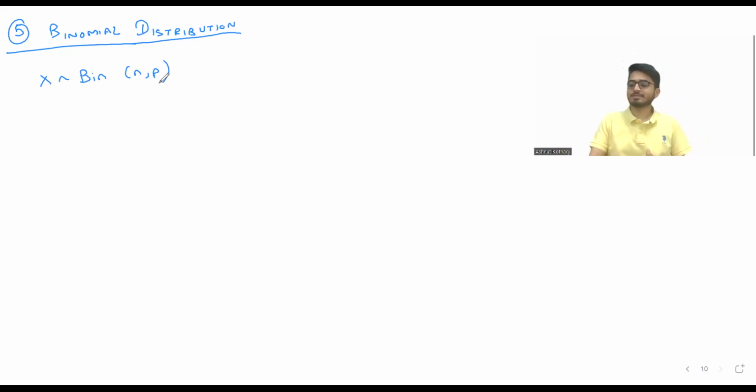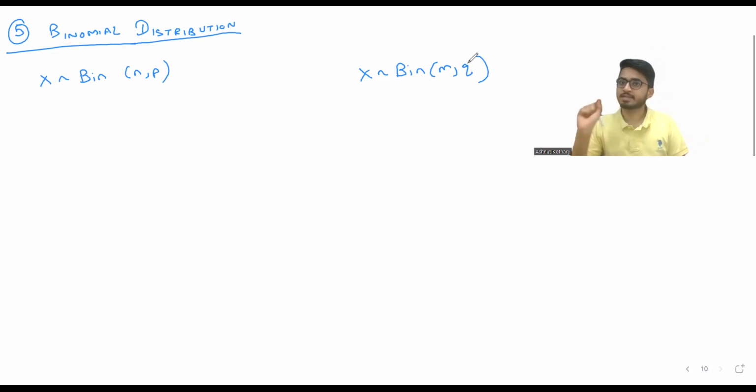Also keep in mind, this is the usual standard way to denote it, but in examinations they can also denote it as X follows binomial m comma q. So now don't get confused. Here q is nothing but the probability of success. The parameter which is given here is nothing but the probability of success, and m becomes the number of trials. Here n is the number of trials; here it is being denoted by m.